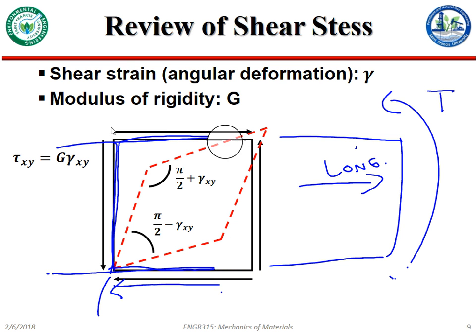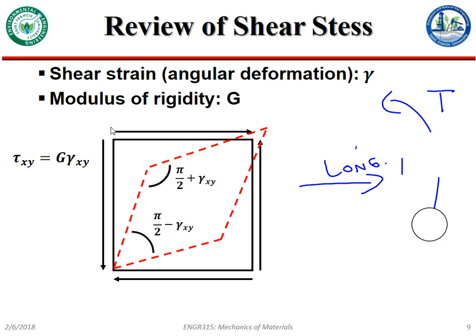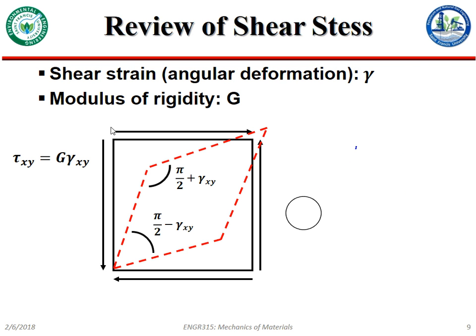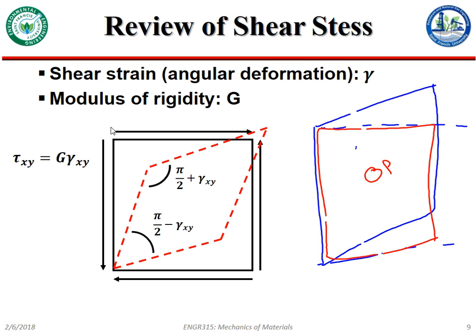So instead of this more general example here, what we're going to see is something more like this, where if I drew it in red, the red is our original element and the blue is the deformed element.